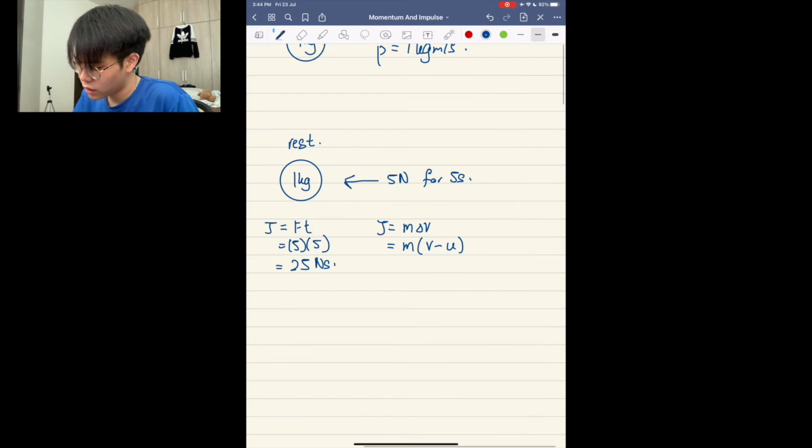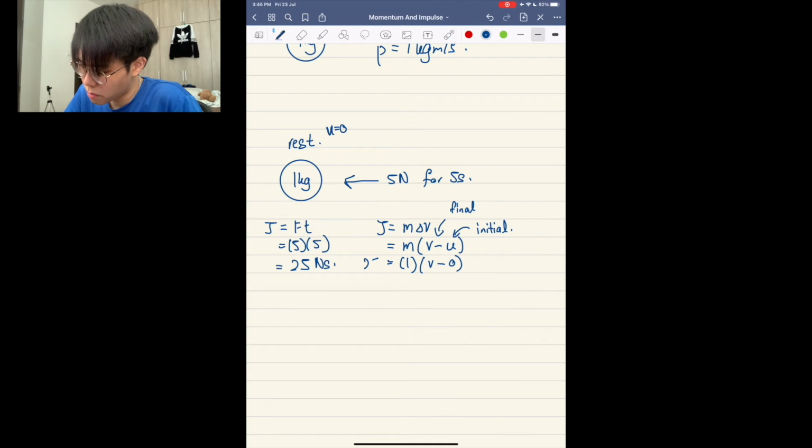Here's the thing you need to know: I put the final velocity as v, and the initial velocity as u. The mass we know is 1 kilogram, and we need to find the final velocity, and the initial velocity is 0 because it's at rest, so u equals 0. Impulse is 25, so the final velocity will be 25 meters per second.